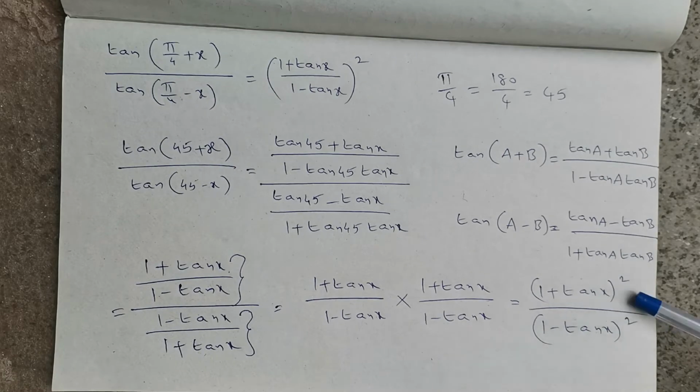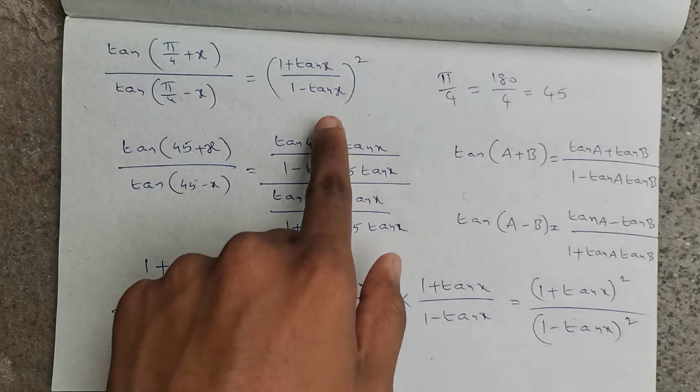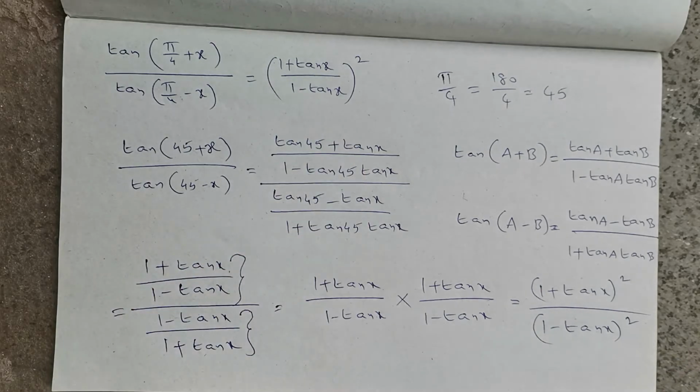So here for the numerator square is there, for the denominator square is there. So simplifying further, (1 plus tan x divided by 1 minus tan x) whole square, which is the RHS, hence proved.